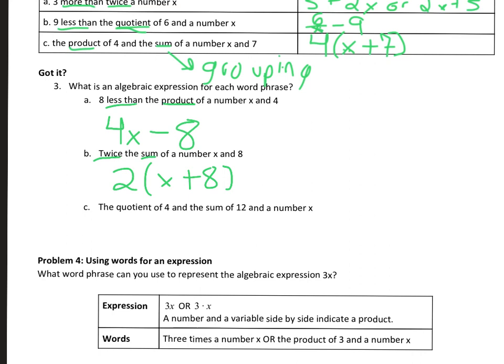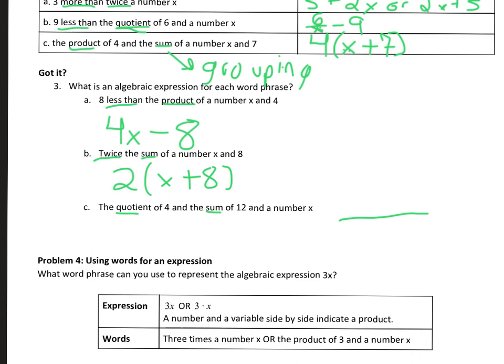And that one's finished. The quotient of 4 and the sum of a number of 12 and a number x. So when you hear quotient and sum, that means division and addition. So quotient of 4 and something else. I'm going to draw a bar, like a fraction.